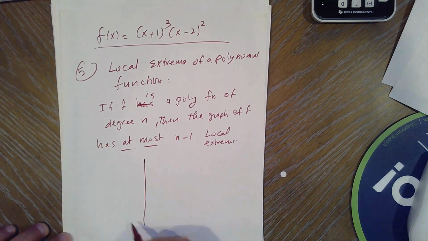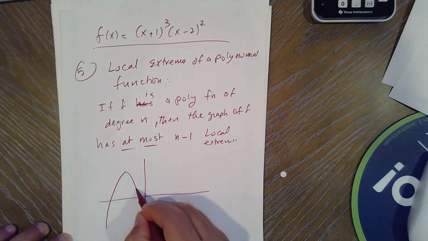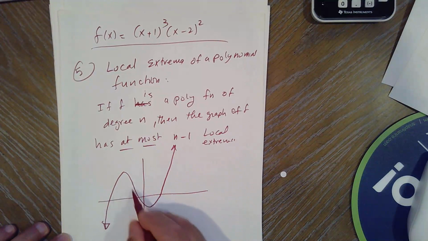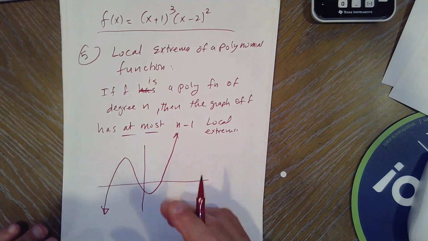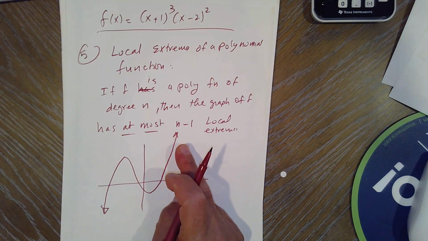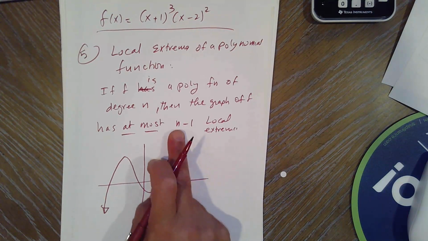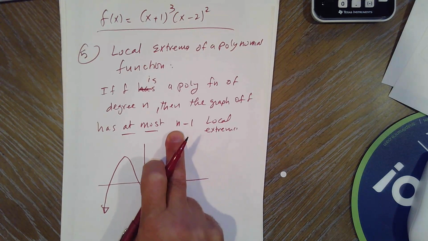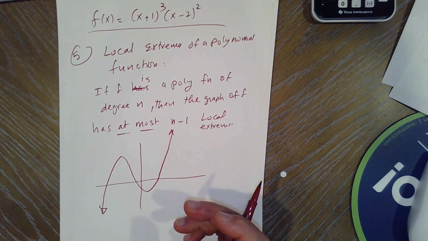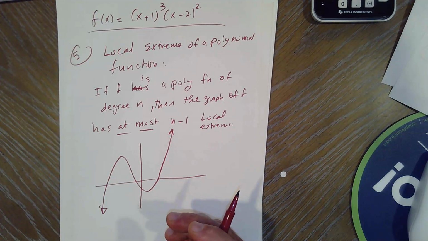So for example, something like this could not possibly be x squared, because x squared would have at most 1 extremum. Okay, it could be x cubed, because x cubed has at most 2 extrema. This has 2, at most could be 2 or less.